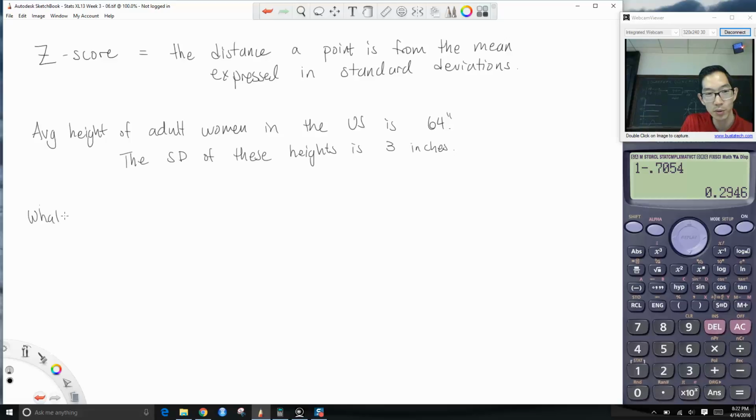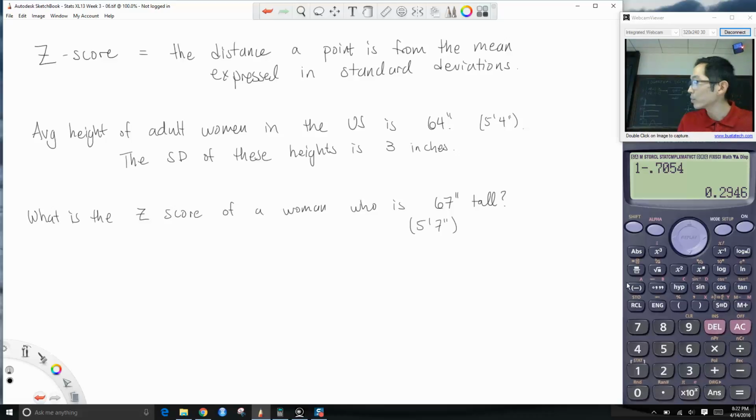What is the Z-score of a woman who is 67 inches tall? 67 would be 5'7", and 64 is 5'4". And then we'll continue and say, what about a woman who is 66 inches tall?